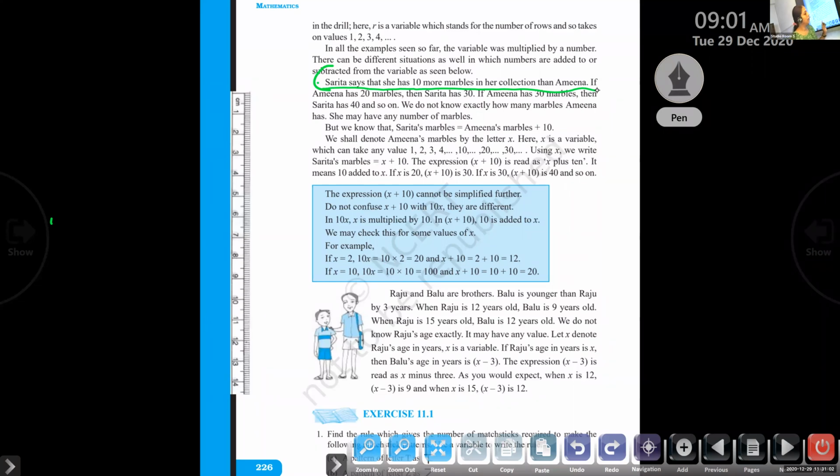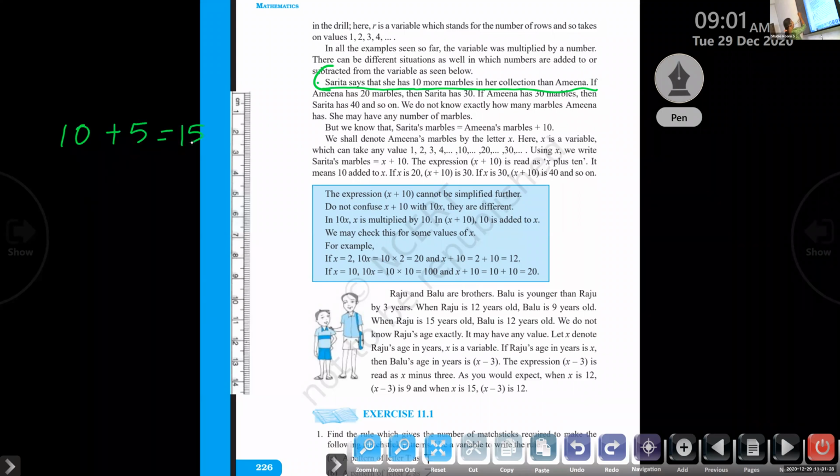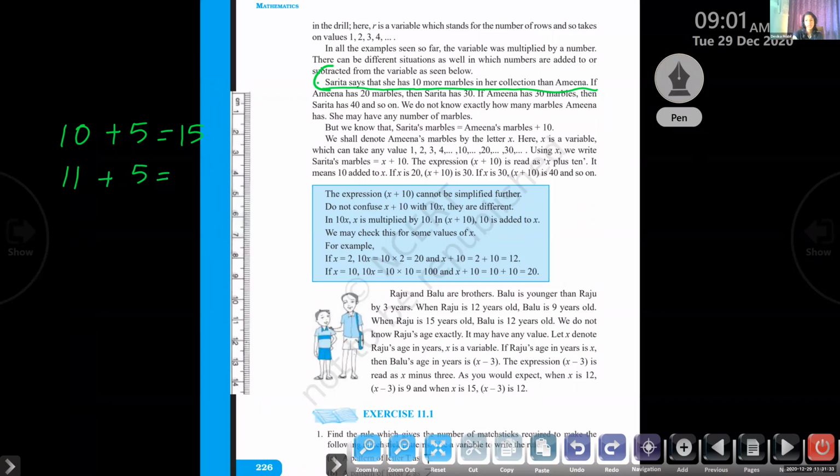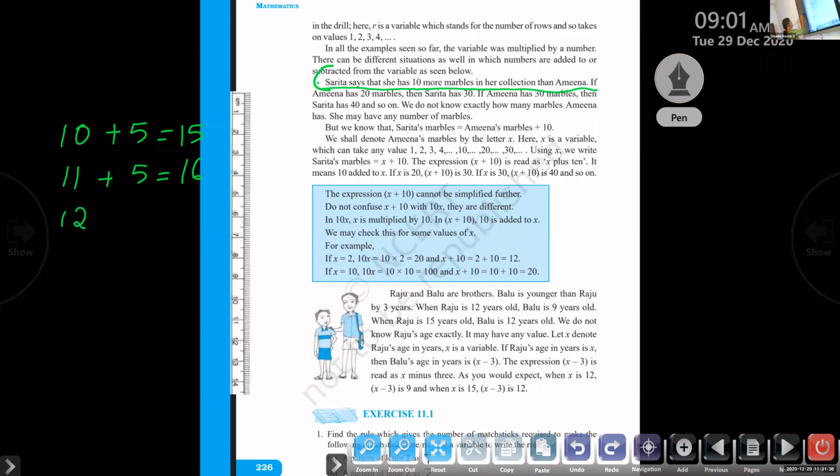Suppose if you have 10 toffees, how many toffees do I have? 15. If you have 11 toffees, 16. If you have 12 toffees, 17.